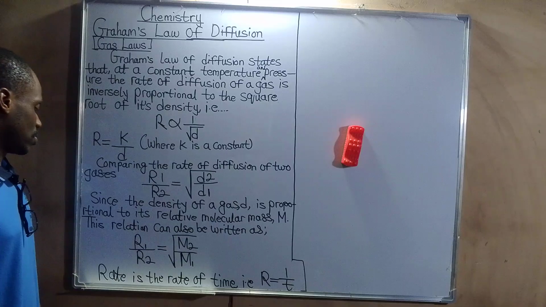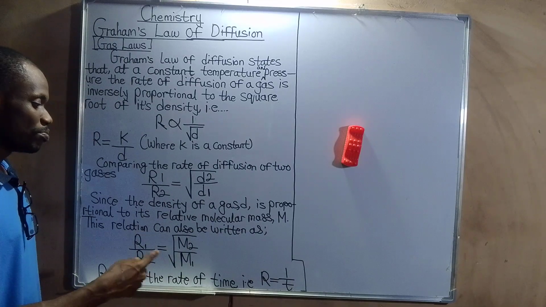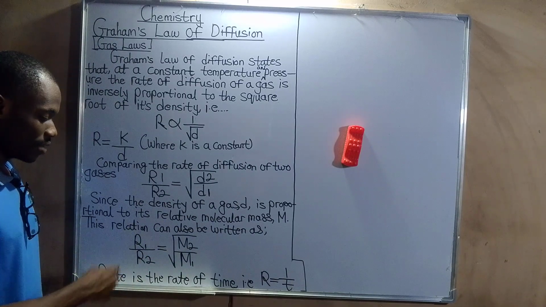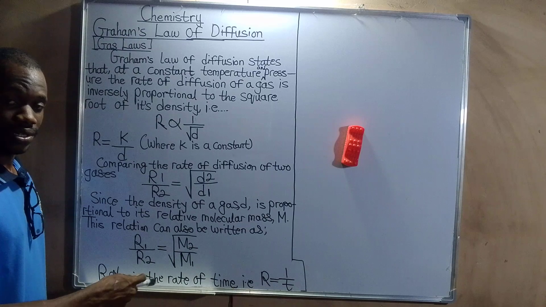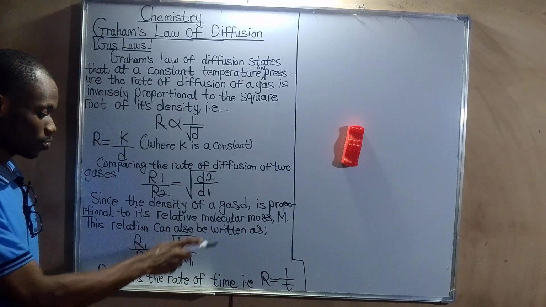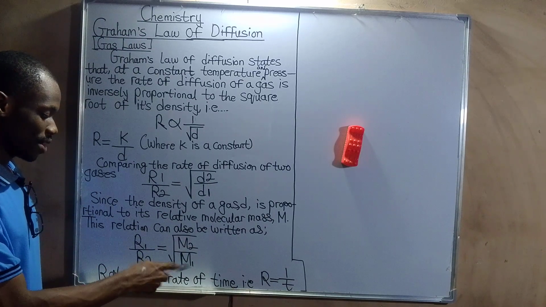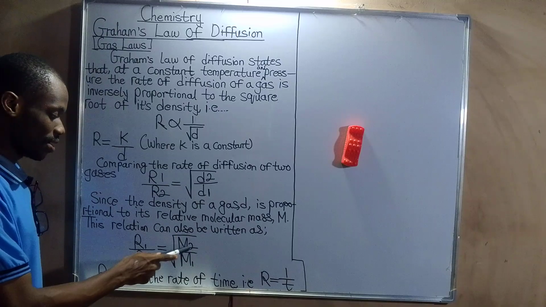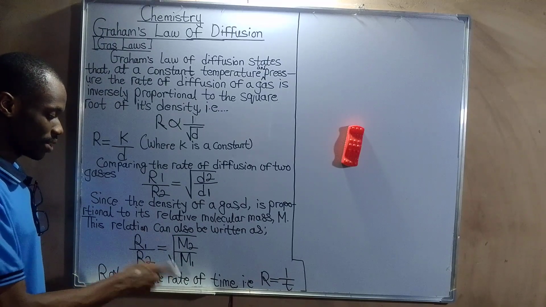This relation can also be written as R1 over R2 is equal to the square root of M2 over M1. So don't forget again, M2, R2, R1, M1.